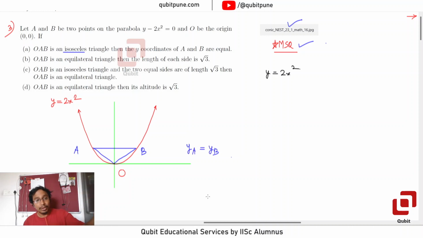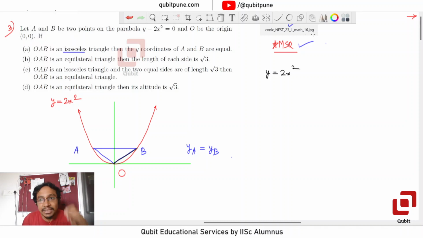So you are likely to mark option A as the correct option, but here is the thing that we are missing out: it's not always the case that O has to be the point of intersection of the equal length sides. Meaning, I can also select OB, and then I will draw a circle centered at B with radius equal to the distance OB.